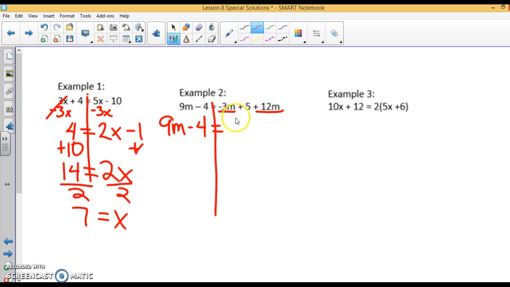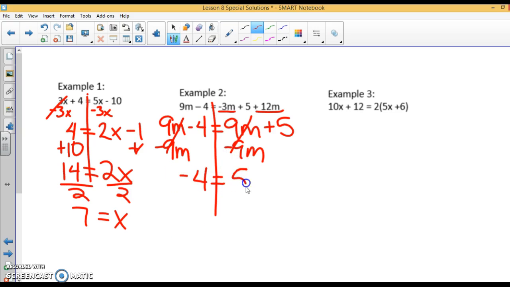I have negative 3m plus 12m. So that's going to give me 9m plus 5. I want to get my variables to one side. So I'm going to subtract 9m from both sides. But they both cancel out, and they leave me with negative 4 equals 5. And we all know that does not make sense. That does not work out.